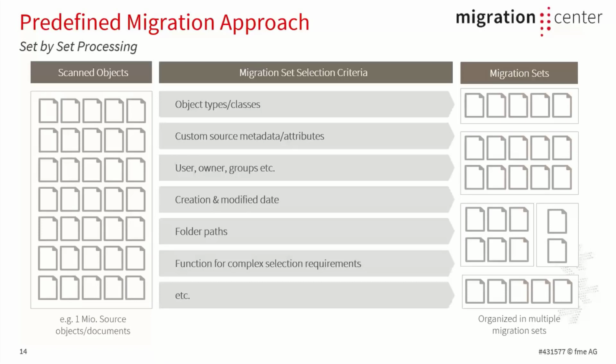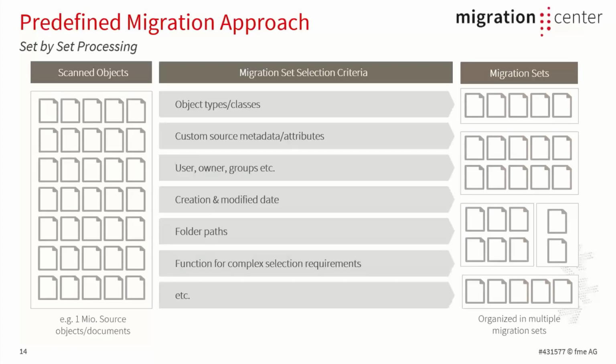You use any kind of attributes you have scanned from the source system, any attribute metadata, object type, document class, user, creation date, folder path. You can use any scanned information and also combine that information in a filter, so that you basically end up with migration sets, or in short, mix sets.